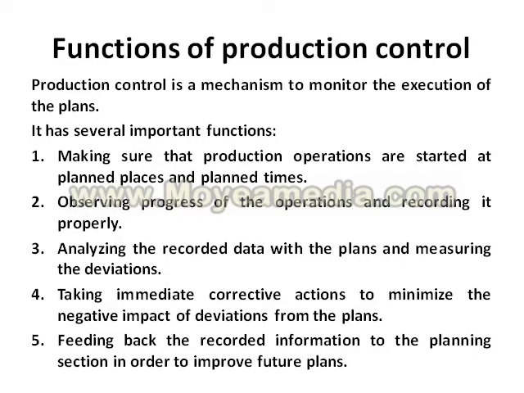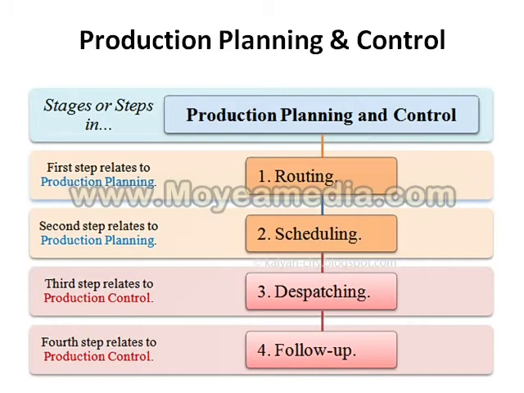Now moving further, coming to the steps or functions in detail, these are the stages or steps in production planning and control. It starts with the first one, planning. Planning is then detailed into routing and scheduling. Then the production control part is about dispatching and follow-up.